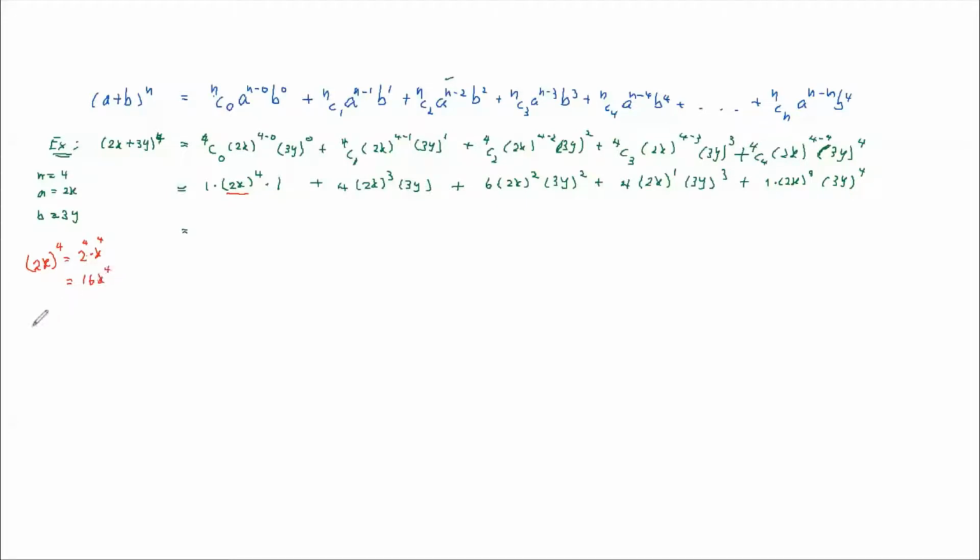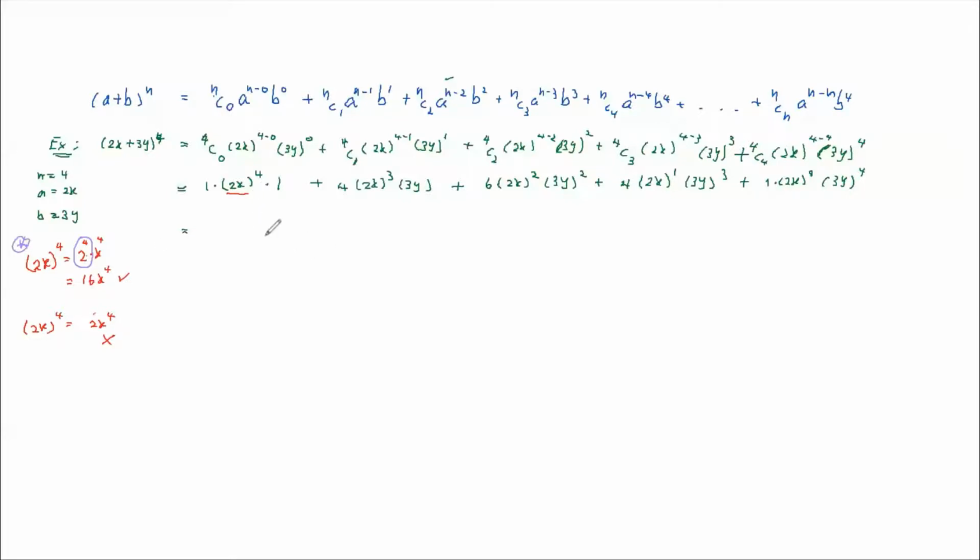But most of you do it this way: 2x power 4, you write it down as 2x power 4, which is wrong. This one is wrong, this one is correct. Don't forget you have to power the 2 to power 4 also. Most of you forgot to power 4 here. So keep in mind, please.